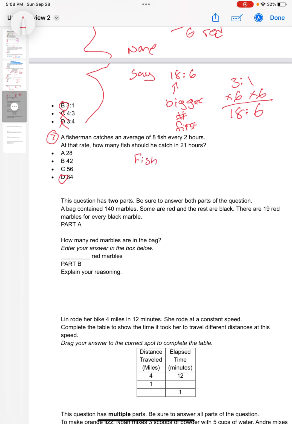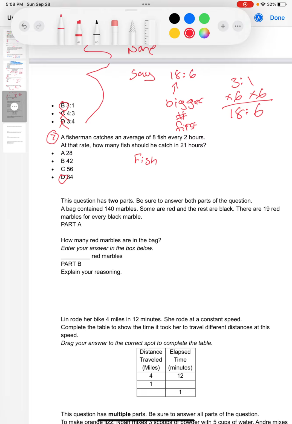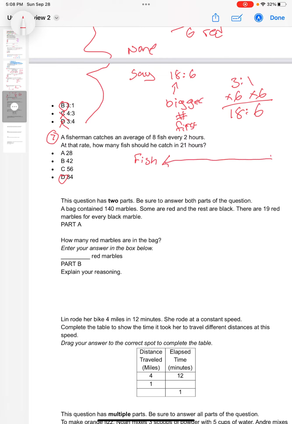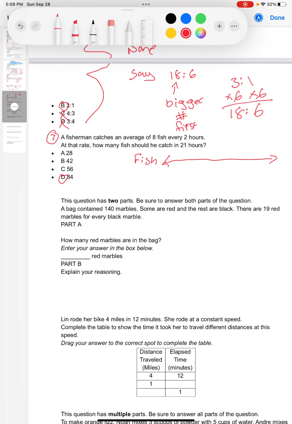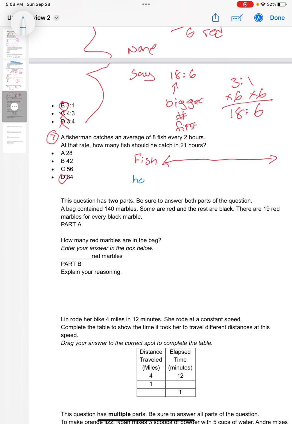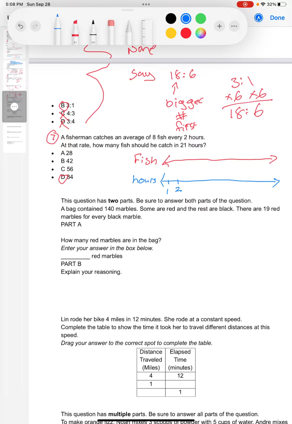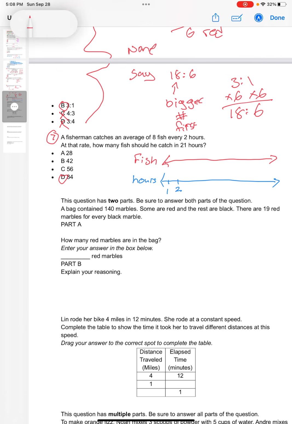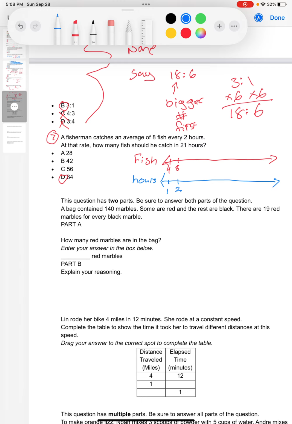Fish, hours, well, 2, and so then we'd go to 1. That was 8, so that would be 4. And so then we'd be counting up to 21.